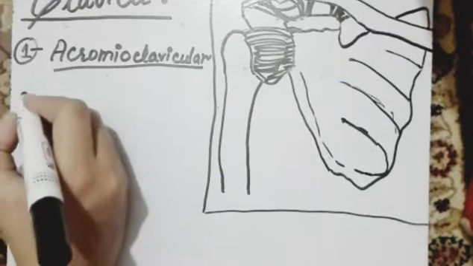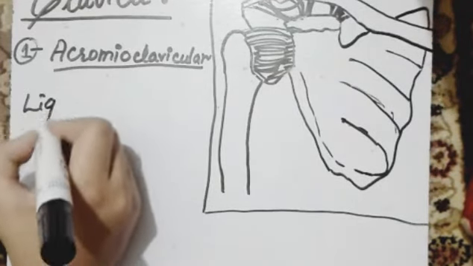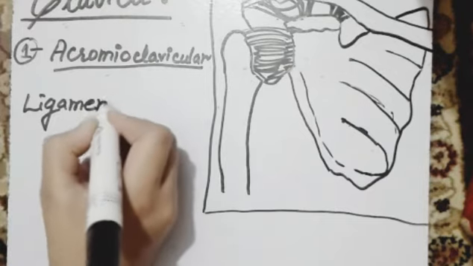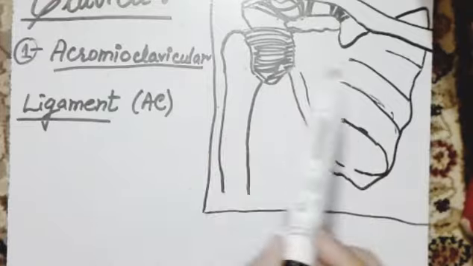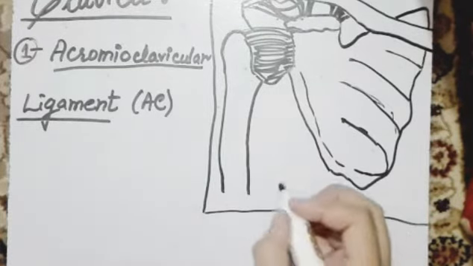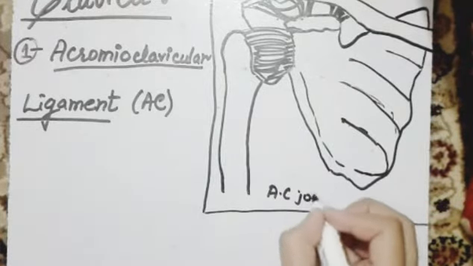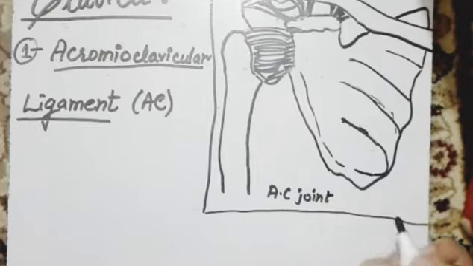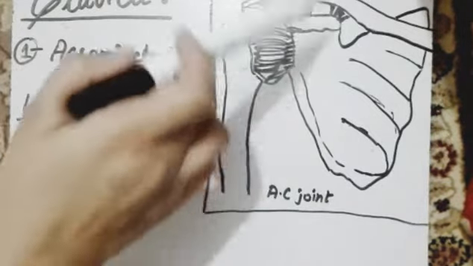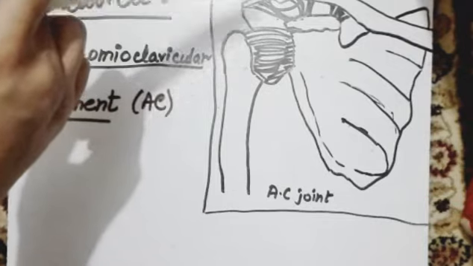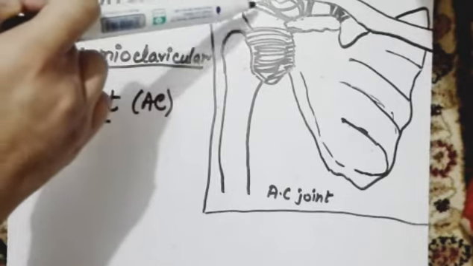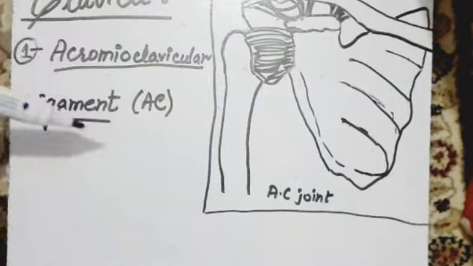Let's talk about the ligaments in the acromioclavicular joint. The name suggests that there is an acromioclavicular ligament present around here in the acromioclavicular joint. I drew this diagram for you, and this is the ligament that attaches the acromion end of the scapula to the clavicle.